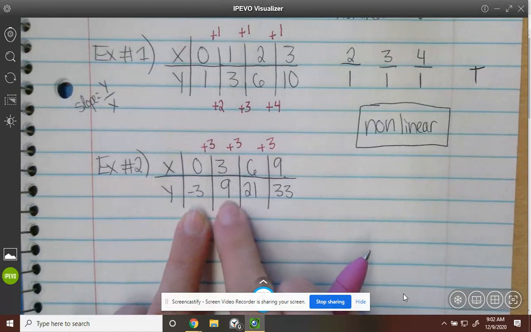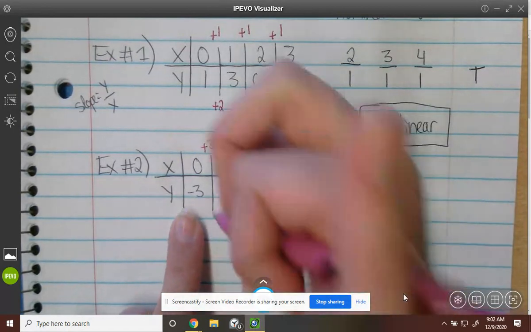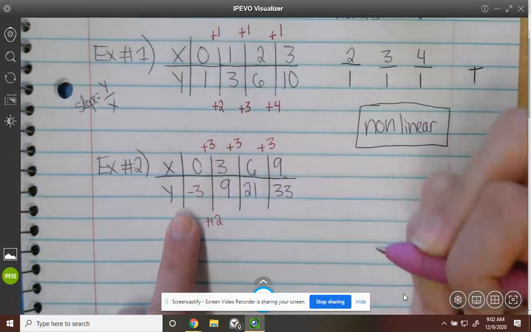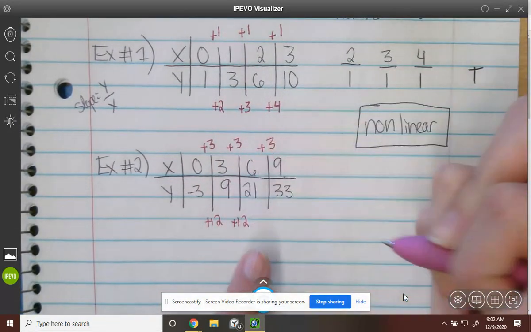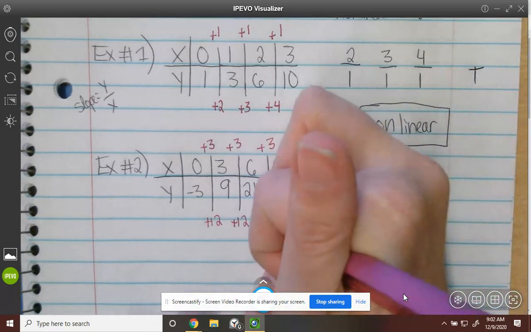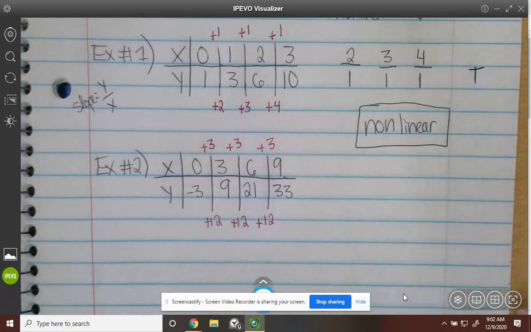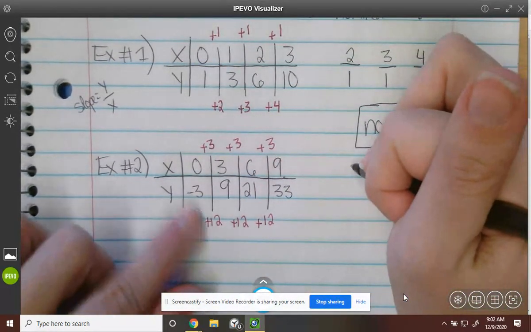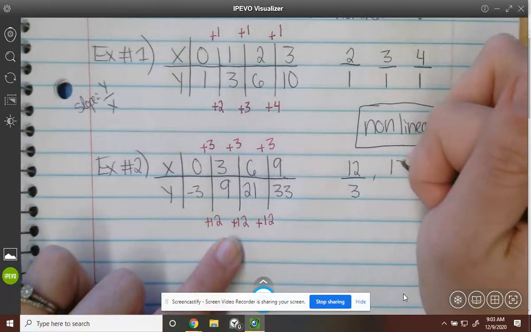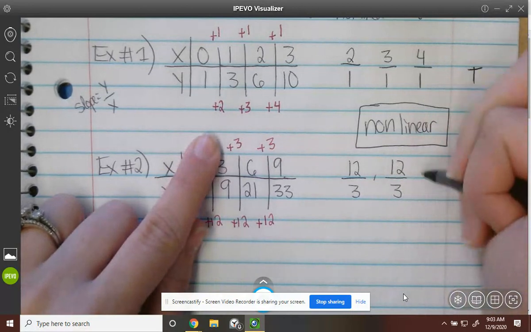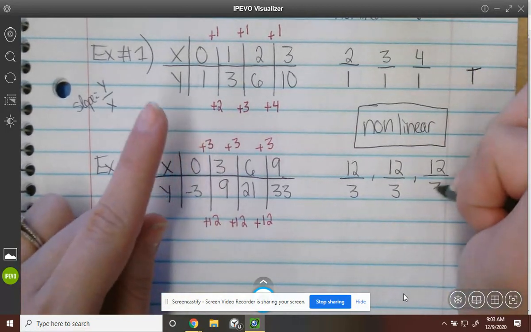Well, if you just take 9 minus a -3, that would get you 12. From 9 to 21, it's also 12. And from 21 to 33, also 12. So my fraction this time is going to be 12 over 3, 12 over 3, and 12 over 3.